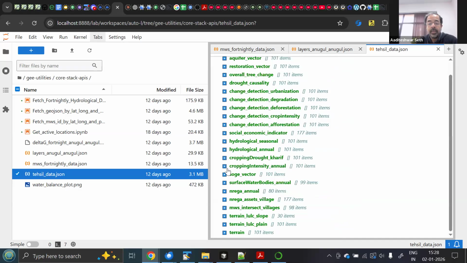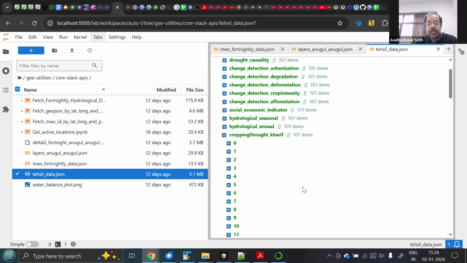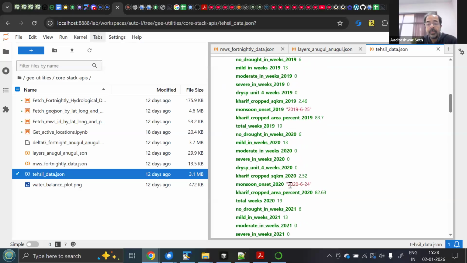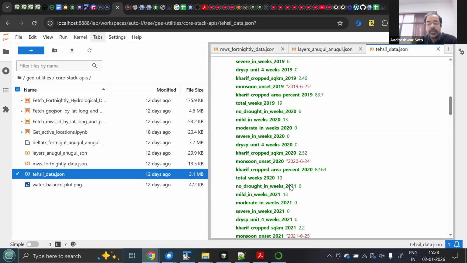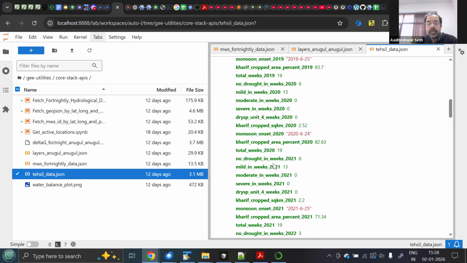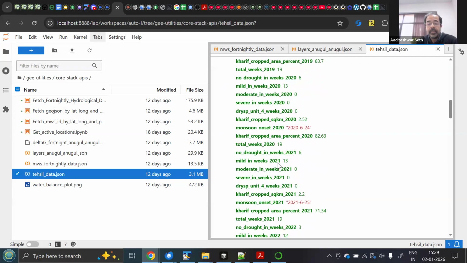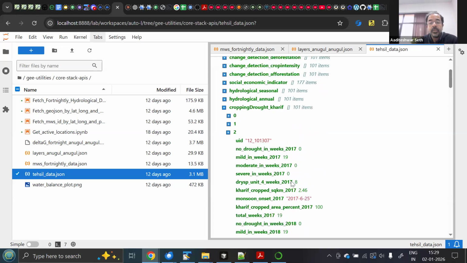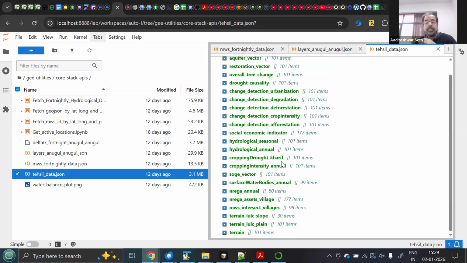Actually, I forgot the micro watershed, but these are all neighbors. And it's just mild drought. But anyway, this is what you can see, that all the data is there.